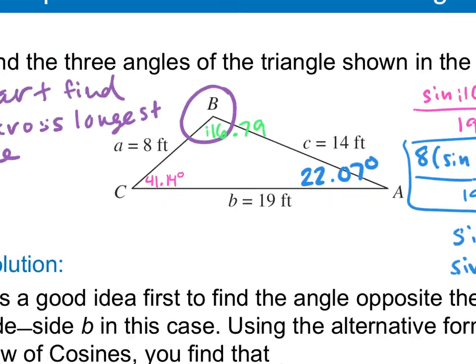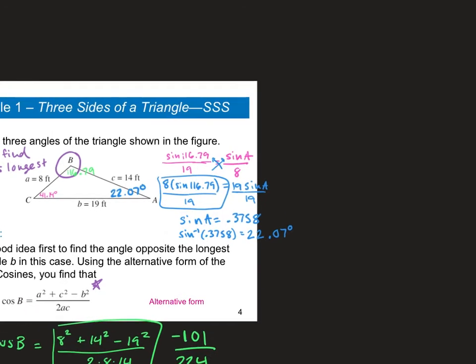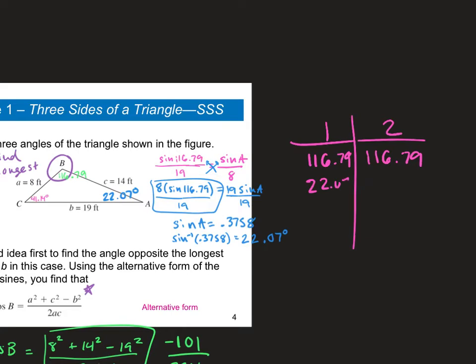So just like when we did for law of sines, since we were given 3 sides, we still have to check to see if we have 2 triangles. So we have triangle 1, triangle 2. The first angle we found was 116.79, so that's going to be the same in both of these. The second angle we found was 22.07.